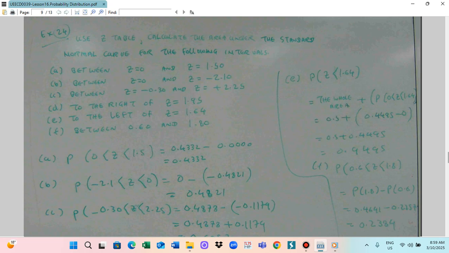And the second one, you have to find the area between Z0 and Z minus 2.1. So we just write P of Z between minus 2.1 and 0. In this case, minus 2.1 is the smaller and 0 is the greater. Because it is minus, firstly you read the 2.1.